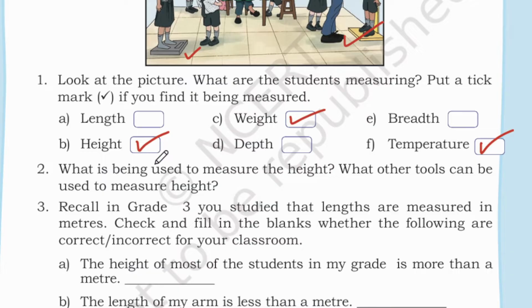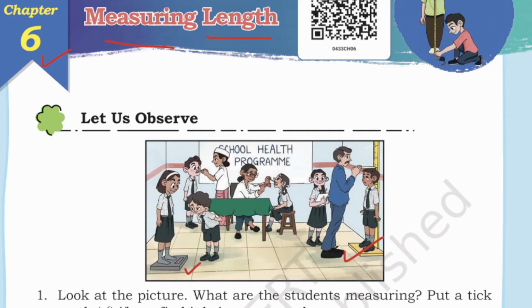Next, what is being used to measure the height and what other tools can be used to measure height? I'm going to type it over so that you can see the answer. Okay, first look at this picture. In this picture, they have used a measuring scale.